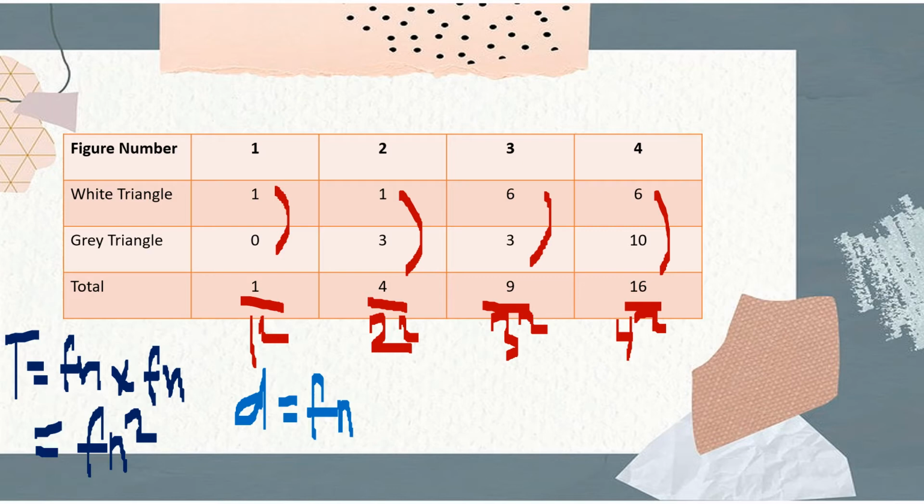At figure number 1, we have 1 white triangle and 0 grey triangle. 1 is bigger and 0 is smaller, so 1 subtract 0 is equal to 1. In figure number 2, 3 is bigger than 1, so 3 subtract 1 is equal to 2. 6 subtract 3 is 3, and 10 subtract 6 is 4. Look, the difference is just the same as the figure number.